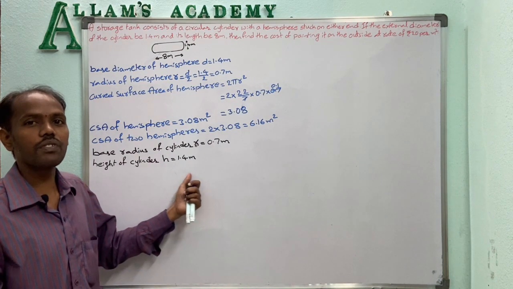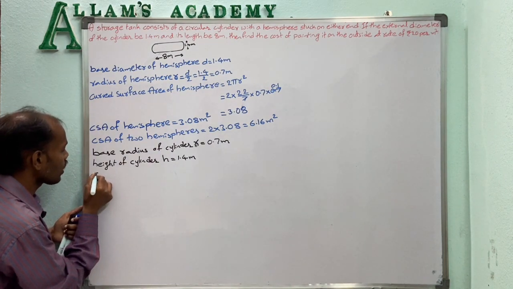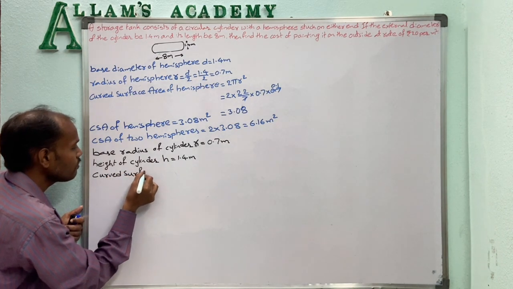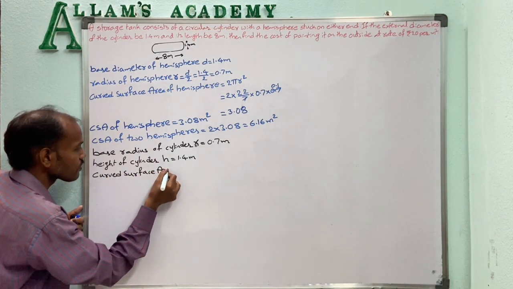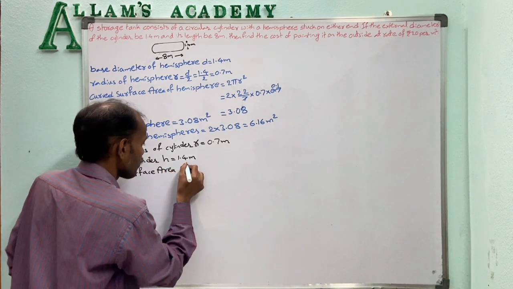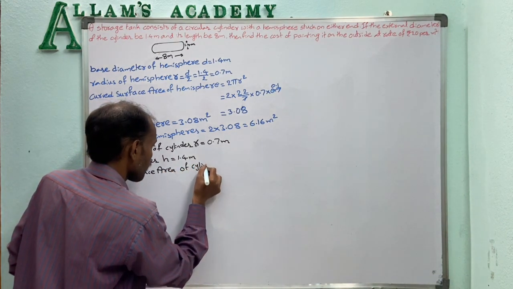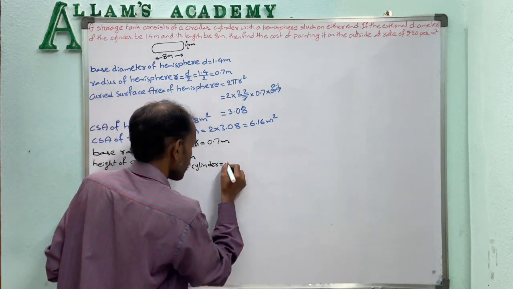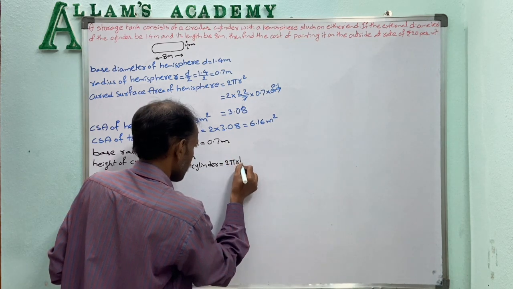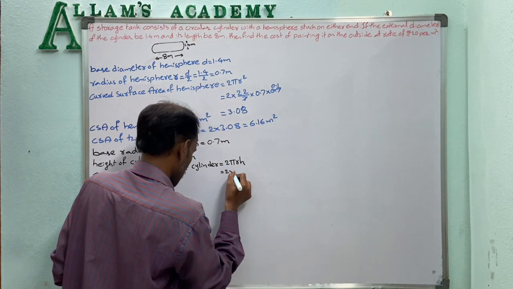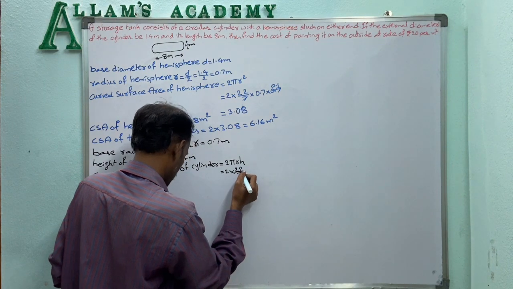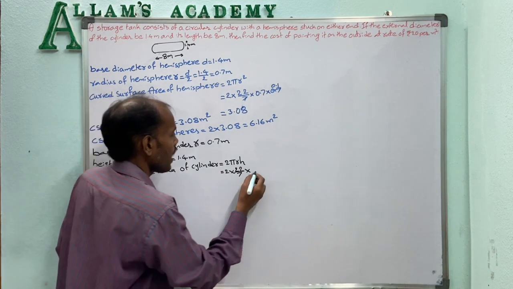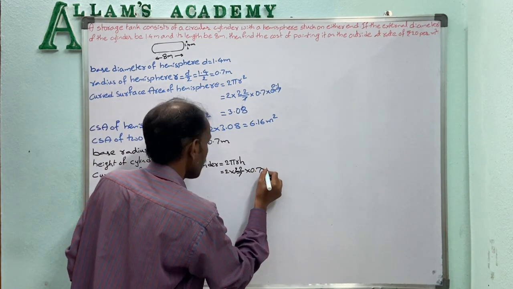Now finding the curved surface area of the cylinder, that is 2 pi r h, so 2 into 22 by 7 into r, the r value is 0.7, into h.